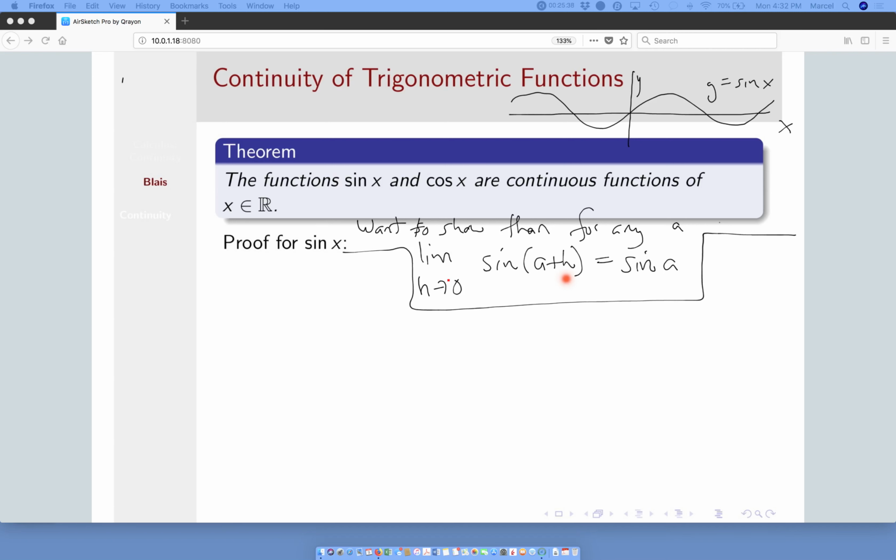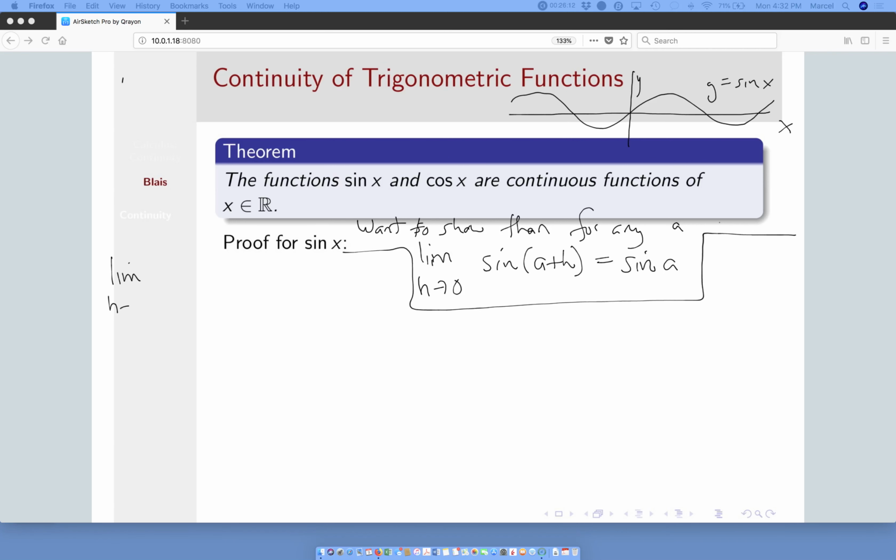On the right-hand side, this is the function evaluated at a. And by letting h go to 0, you could write here the limit as x goes to a of sine of x. This is an equivalent way of expressing that limit. So if we can show this, we can show that the function is continuous at a, and therefore anywhere, because again, a was arbitrary. So let's start out with that.